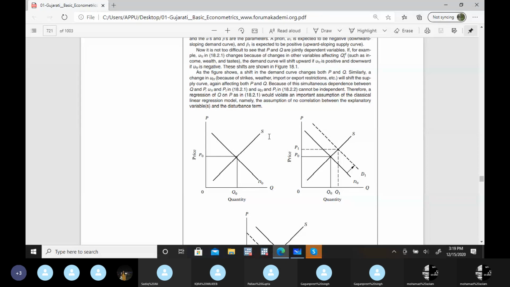If you are running any such model where you have this simultaneous equation scenario, you have to first think about your endogenous and exogenous variables from the theoretical background. Here this econometric methodology is not going to help, because this model selection is based upon your theoretical background. So you have to think about what that model is indicating.